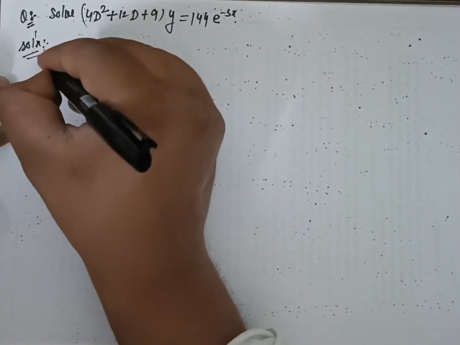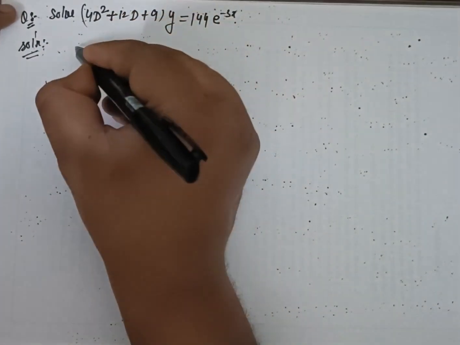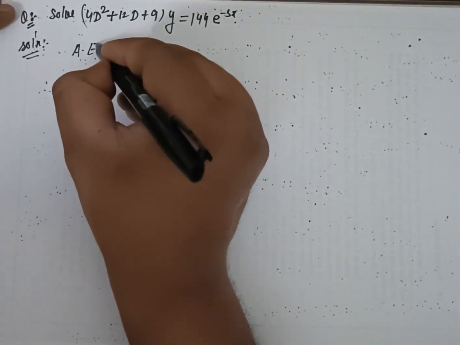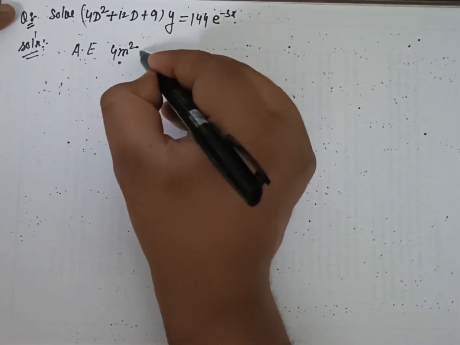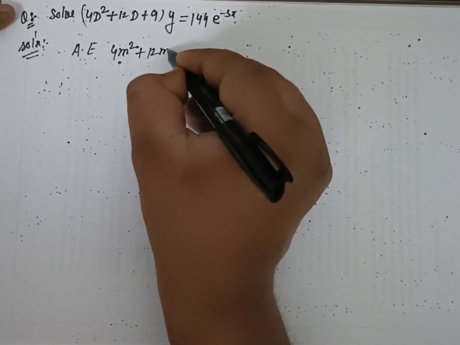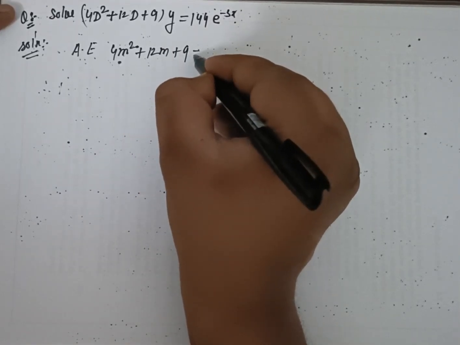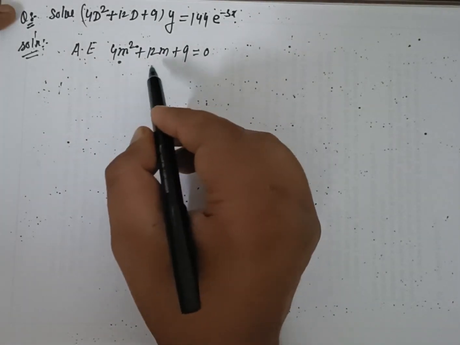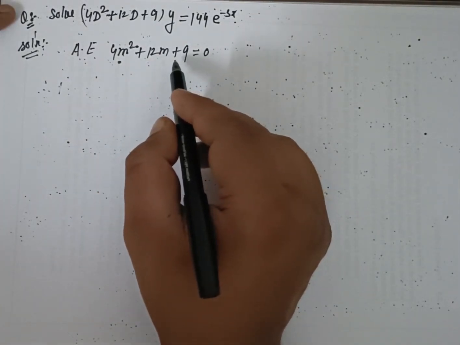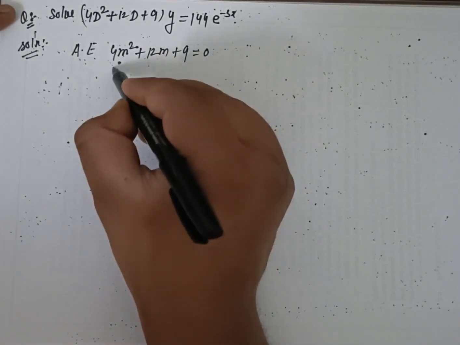Obviously, first we find the auxiliary equation. The auxiliary equation is 4m² + 12m + 9 = 0. Here we can do middle term splitting: 36, and 6 plus 6 is 12.